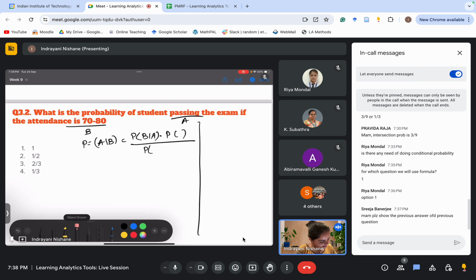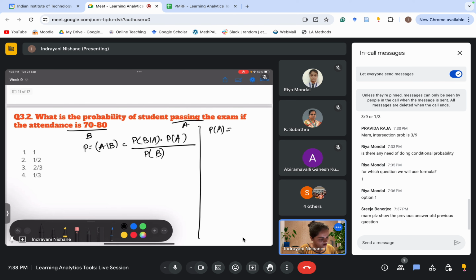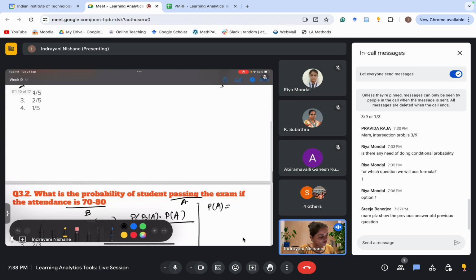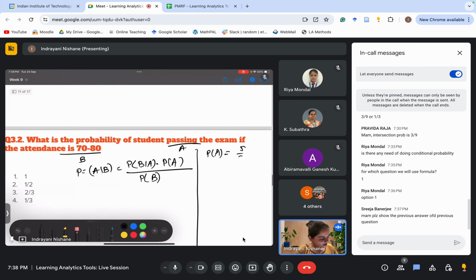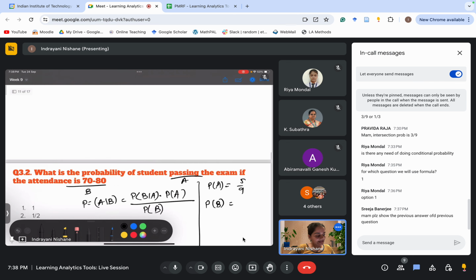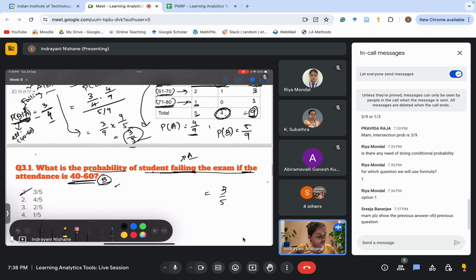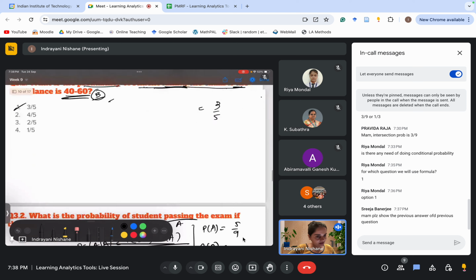So what is the probability of passing? How many students have passed? 5 students out of 9 have passed, 5 by 9. And how many students have attendance between 70 to 80? 1 student, 1 out of 9.